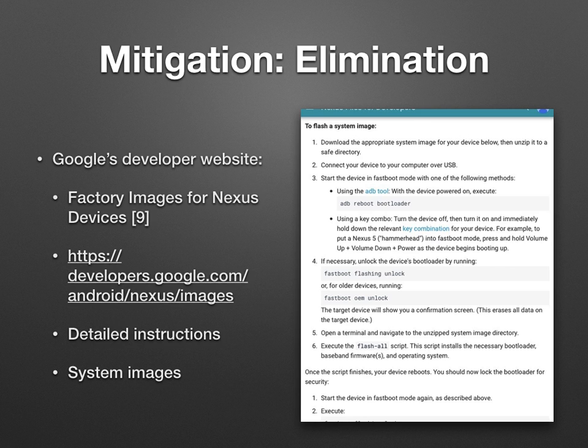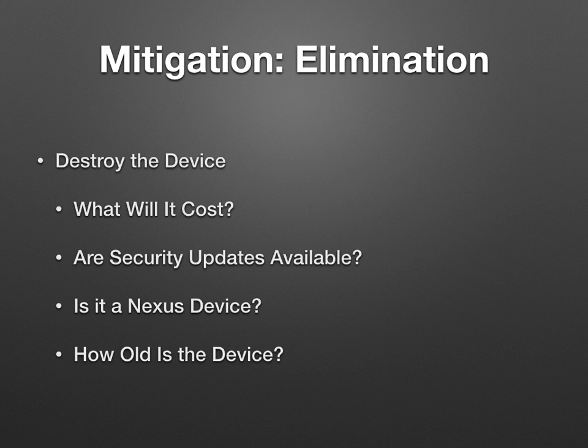It has the instructions, the system images, everything right here. The instructions are pretty simple, but it's going to involve the command line. You have to unlock the device, load everything up, and then lock it again. But there's the link, there's how to fix it if you have a Nexus device.